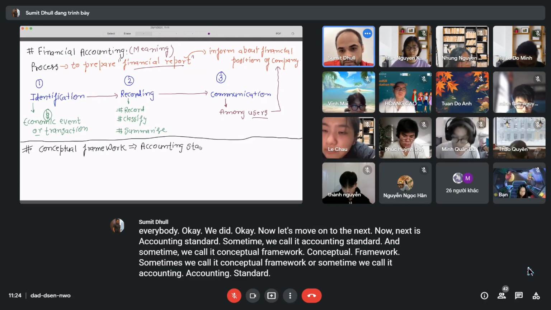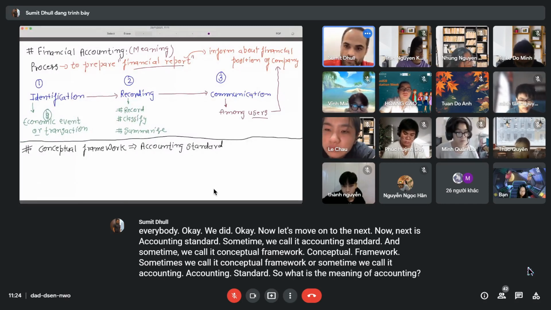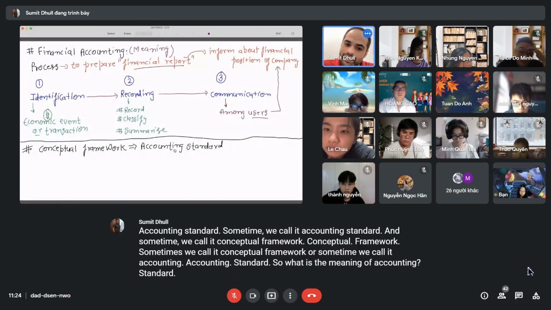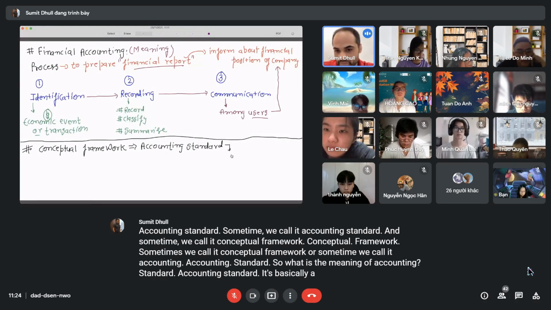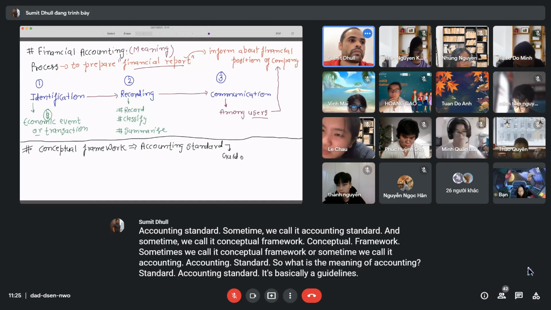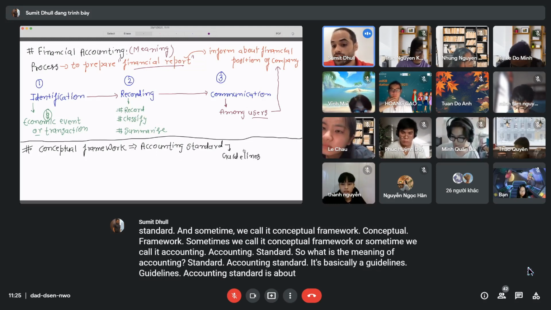So what is the meaning of accounting standard? Accounting standard is basically guidelines. Accounting standard is about guidelines to prepare financial report.